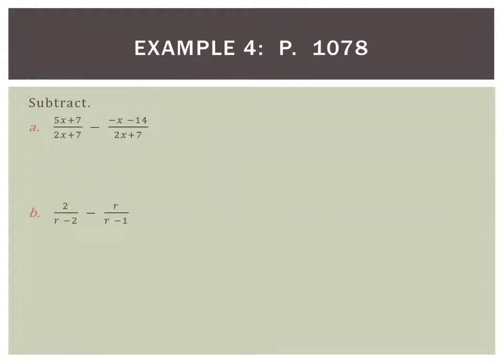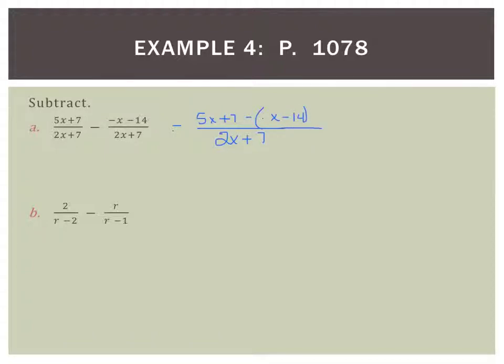Example 4a, 5x plus 7 over 2x plus 7 minus negative x minus 14 over 2x plus 7. So I have a common denominator already of 2x plus 7. So then I have 5x plus 7 minus all of this, negative x minus 14.